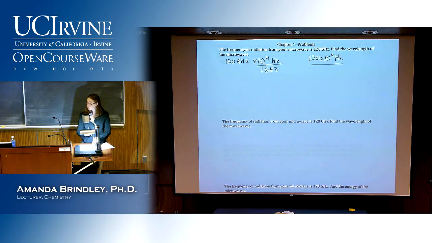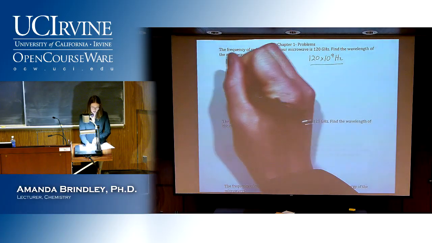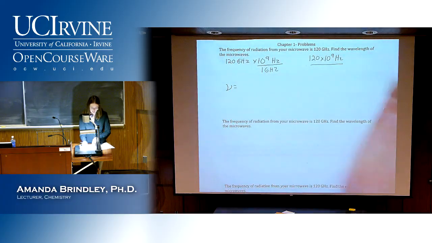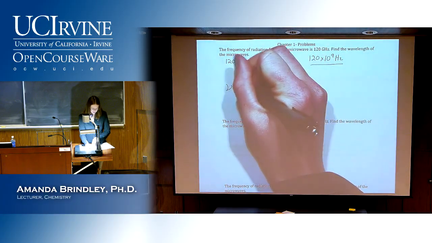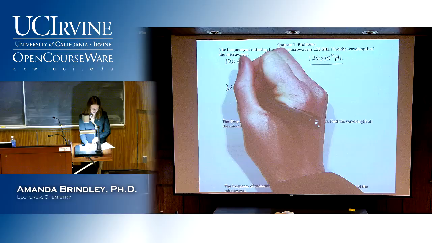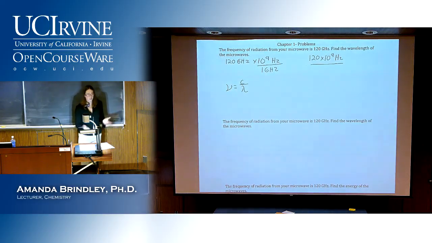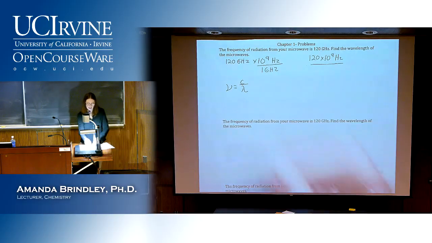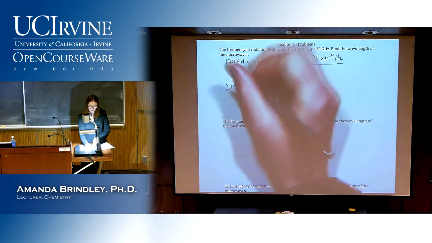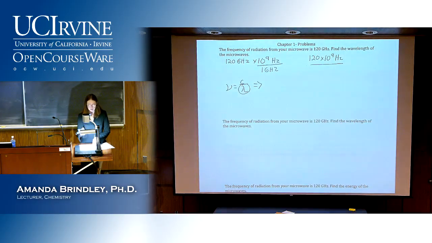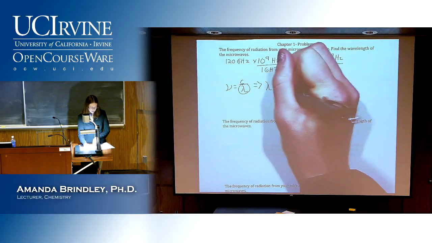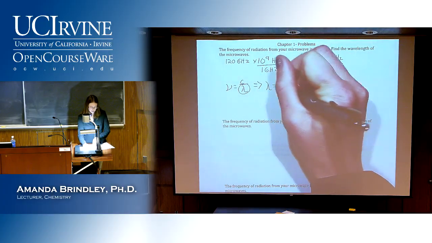So now we look at our equation and we say, well, how do we solve for wavelength? So that was the version of the equation that I gave you. You'll have to look at your equation sheets to see what I give you on the exam. But either way, we just need to solve for lambda. So however the equation is written, we're going to solve for that.